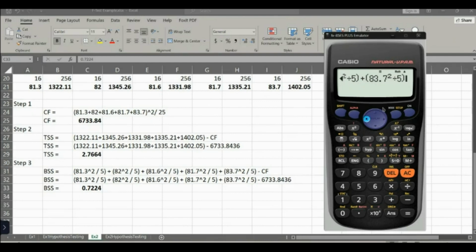Ba't medyo malaki ang ating... Ayun, is 1. Yun, 6734.566. Okay, 6734.566. This is the summation pa lang, ha? And we need to subtract that sum by our correction factor.